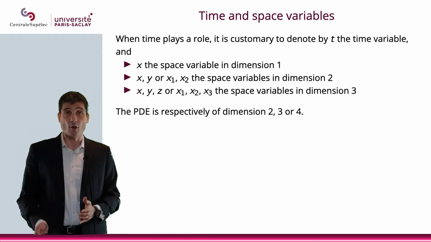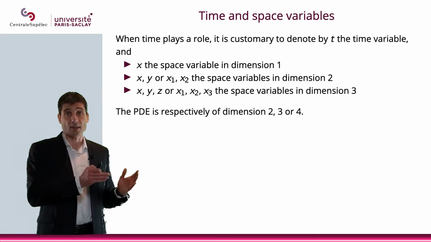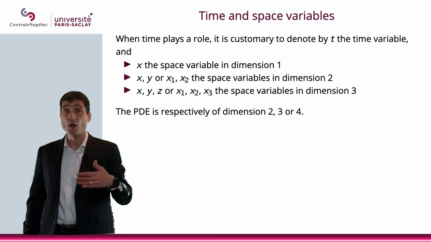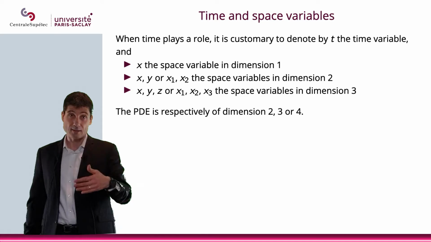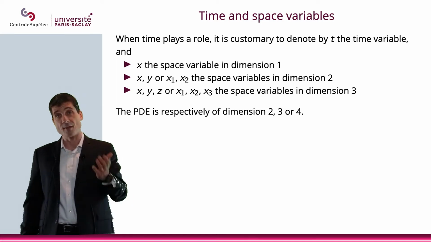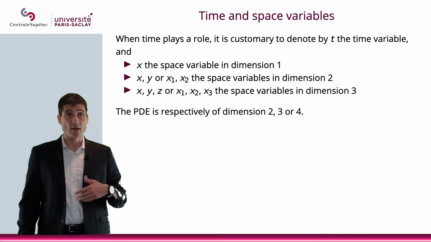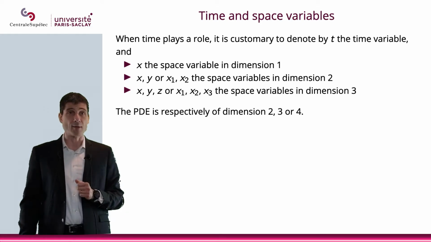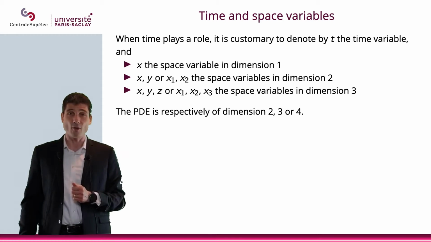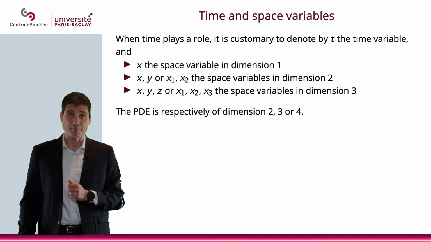Of course, if you are in dimension 1 in space, it means the PDE will be of dimension 2 because of the time variable that you have to add to the mix. Same thing, if you're in dimension 2 in space, then the PDE is of dimension 3. And if you are in dimension 3 in space, then of course you are in dimension 4 for your PDE.